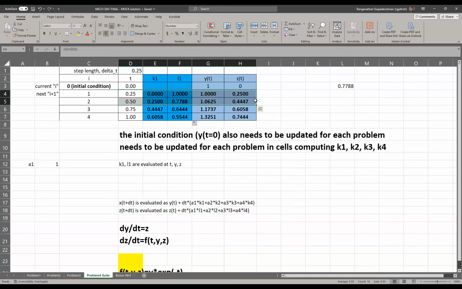So I have z of 0.25, which is just 0.25, plus delta t times y of 0.25, which is 1, multiplied by e power minus 0.25, which gives me 0.4447. That is this value here. Okay.